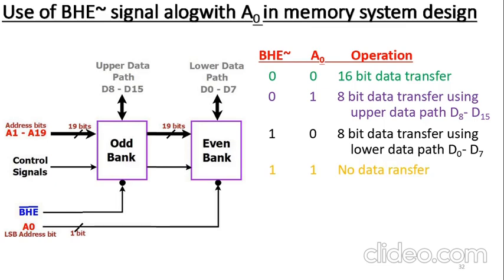And then 1, 1: BHE bar is 1, so the odd bank is disabled, and A0 is equal to 1, so the even bank is disabled, so no transfer of data takes place here. So this is all about the multiplexed signals here and their corresponding operations.